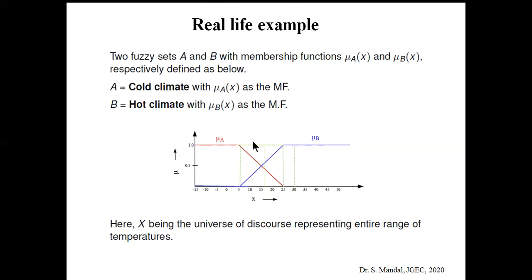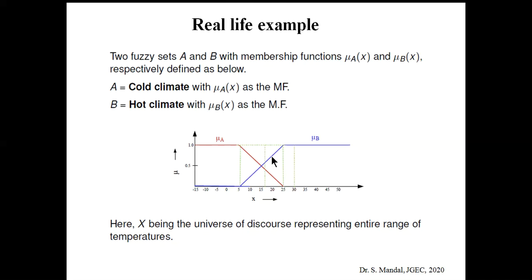That means if we plot temperature on the x-axis and the membership function along the y-axis, then hot is defined as follows: from minus 15 to 5 the corresponding value is 0, from 5 to 25 it gradually increases, and after 25 the value of mu B is 1.